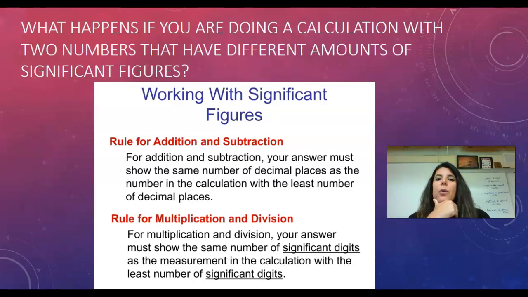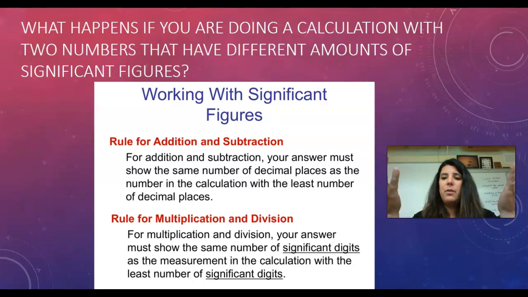The rule of thumb here is that when you write your answer, you're always going to write the answer with the same number of significant figures as the number with the smallest amount that you started with. So if I multiply a number that has 3 significant figures with a number that has 5, my answer has to be written up to 3 significant figures.